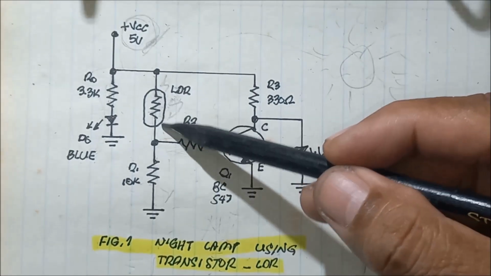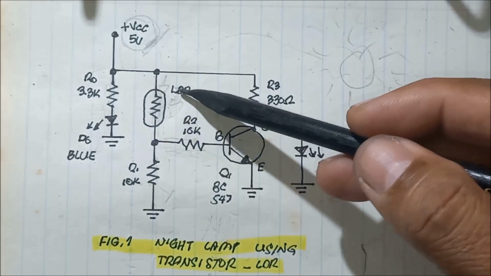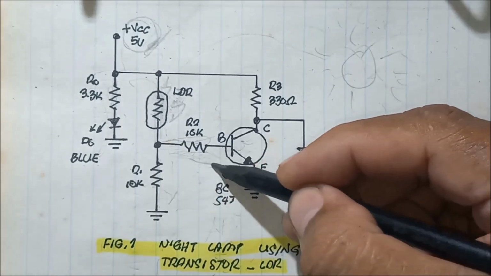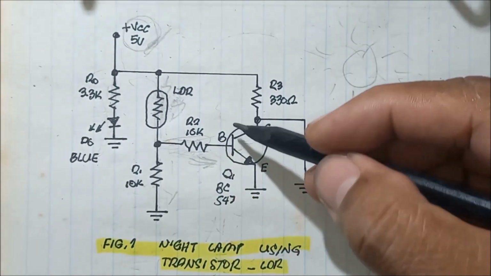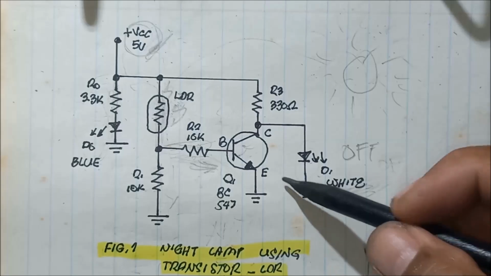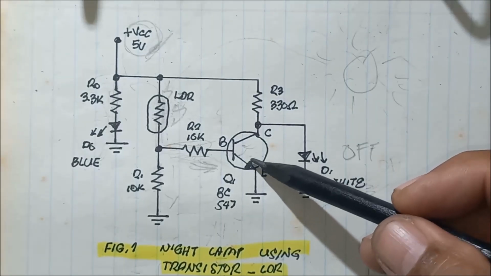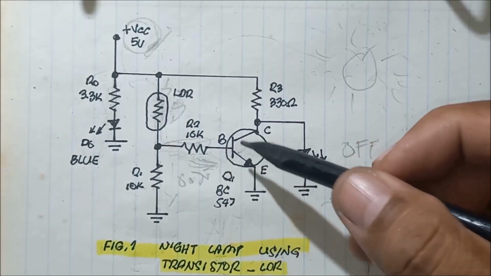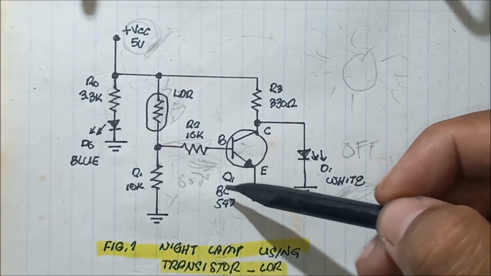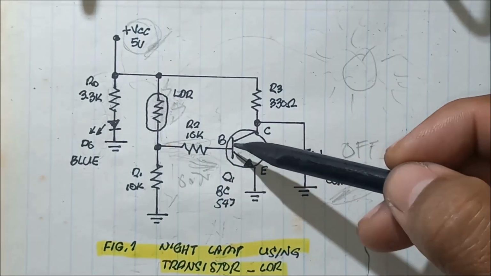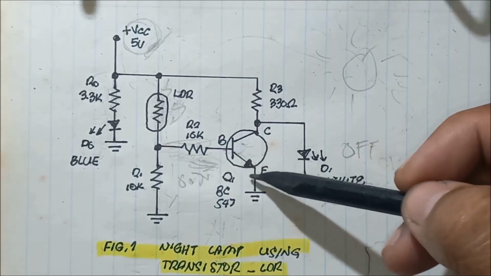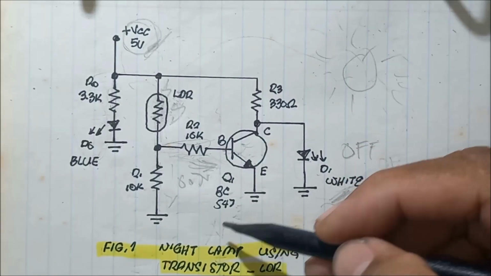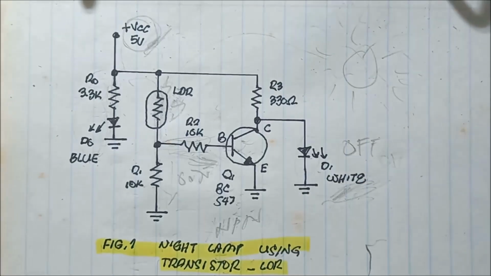Because of less resistance in the LDR, current flows into the base. It will generate a triggering current to the base, enough to turn on this transistor, which needs 0.7 volts. This switches on the base emitter of this transistor, the BC547, an NPN type transistor.